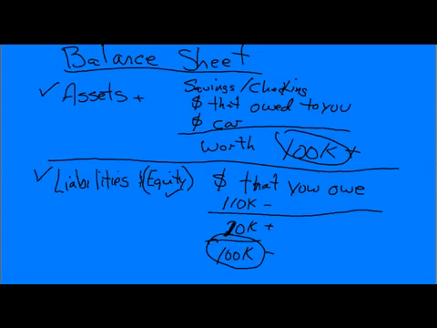Your liabilities, on the other hand, detract or subtract from the assets in that it's money that you owe other people. It's a negative value. And then the equity that is on the liability side actually comes back out of the liabilities because it's money that you have invested in the company, or you've invested in yourself perhaps, or it's income that you have on your profit and loss statement that you haven't actually booked yet.